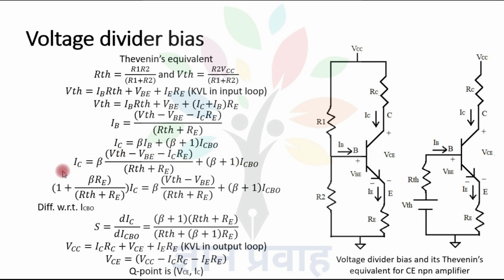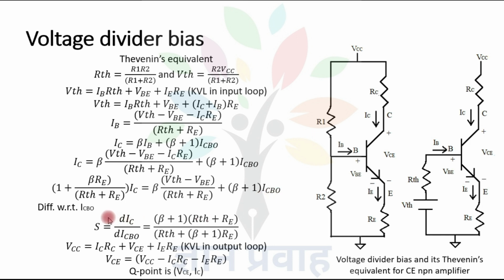By simplifying this equation, (1 plus beta RE upon (RTH plus RE)) IC equals beta (VTH minus VBE) divided by (RTH plus RE) plus (beta plus 1) ICBO.